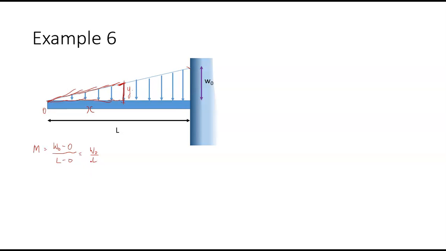So if I want to get the value of y here, I would say y is equal to mx, which is equal to w naught over L x. So the load at any point is equal to w naught over L x.